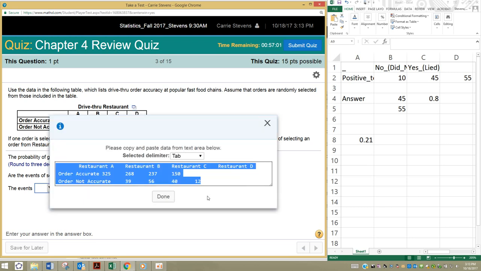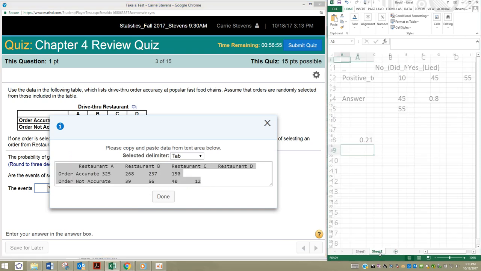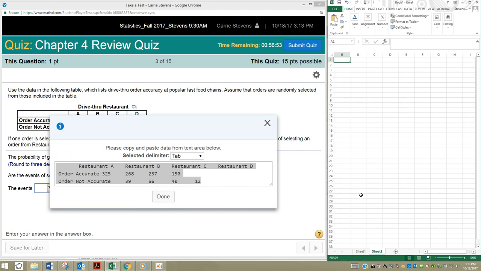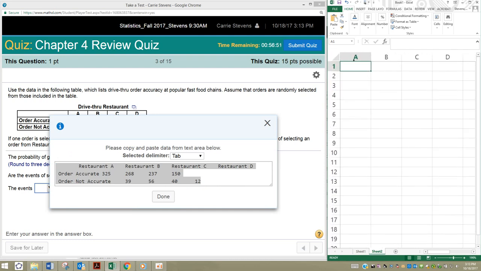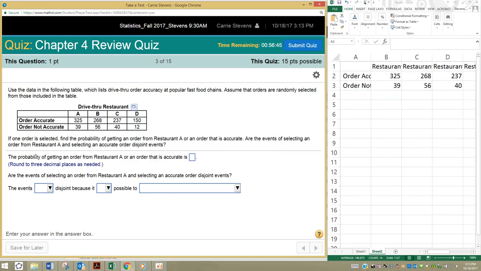I'm going to copy to the clipboard and I'll start a new sheet here. So that was sheet 1. We'll do another one right here. All right, so what am I trying to do here? I want the probability of getting an order from restaurant A or an order that is accurate. Okay.